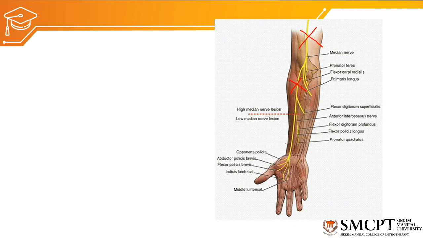If the level of injury is at the wrist joint, that is at the carpal tunnel area, then the supply to the thenar muscles and the sensory supply to the lateral aspect of the palm will be lost, whereas the function of the anterior interosseous nerve supplying flexor digitorum profundus, flexor pollicis longus, pronator quadratus, and the branches of the median nerve proximal to that, which are flexor digitorum superficialis, palmaris longus, flexor carpi radialis, and pronator teres, will be intact.